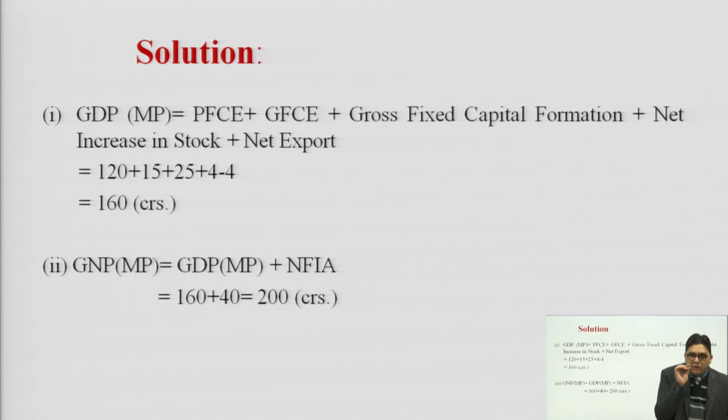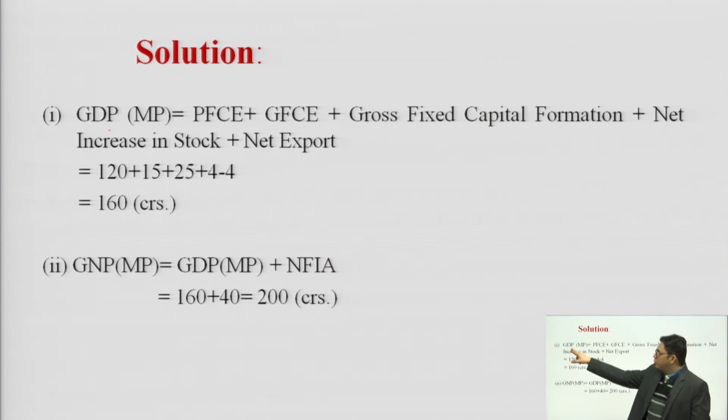Now, we just need to remember that by the expenditure method we will reach the value of GDP at MP, but we have to see what the question is demanding. From GDP at MP, where do we have to reach? GDP at FC or GNP, whatever the question is demanding, we need to shift from here.